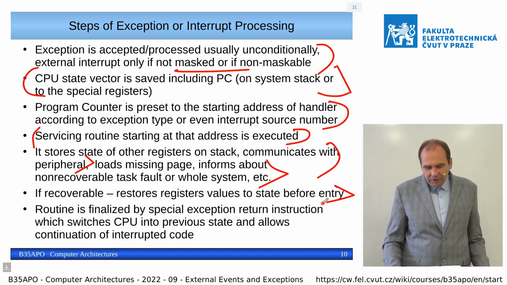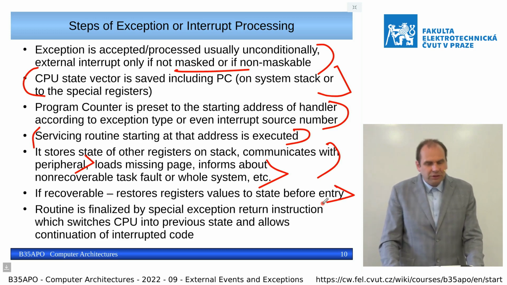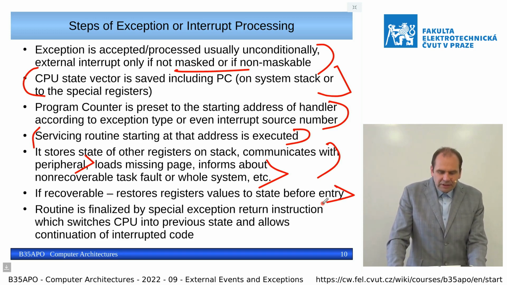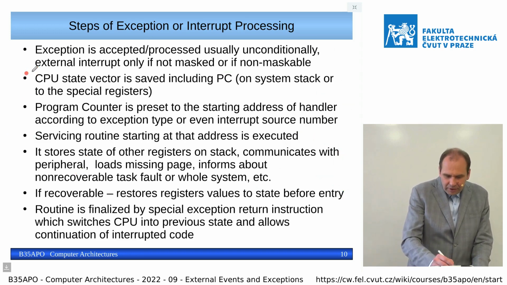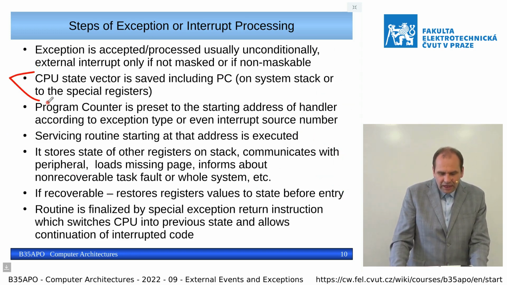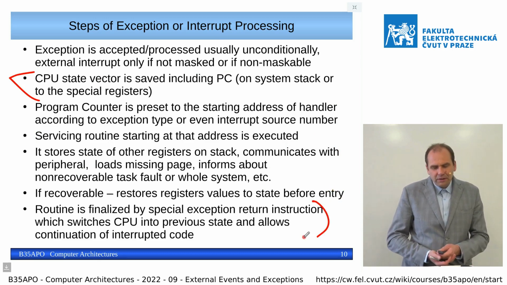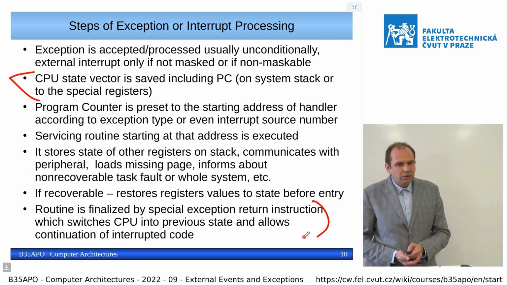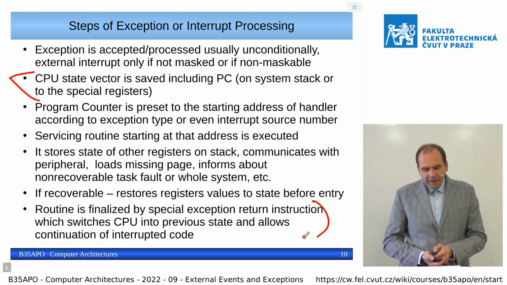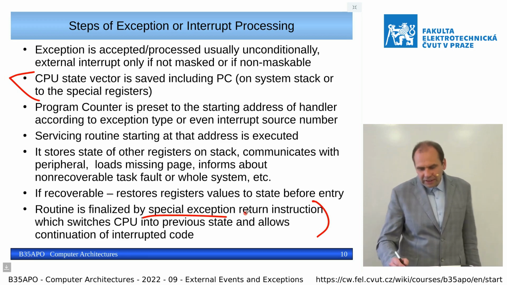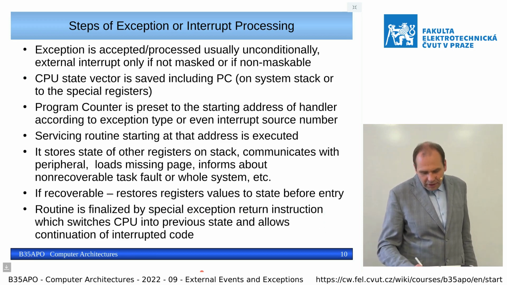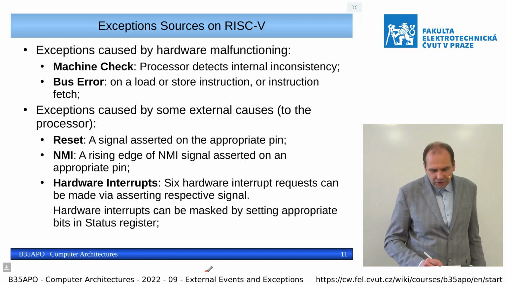And if this is an interrupt or exception which is recoverable, then we restore the state of the CPU, which we have saved at the start, and then let the processor continue the interrupted program. And we do it through some special instruction which restores the state and restores the actual mode of the processor.